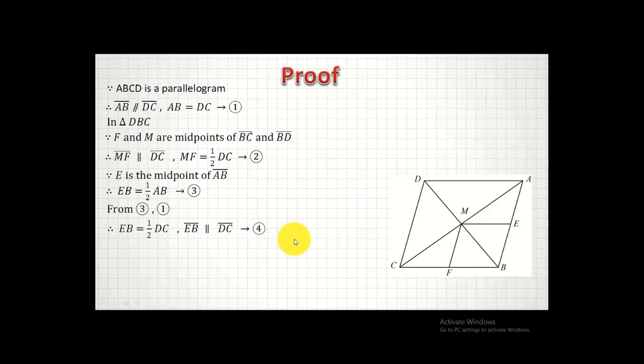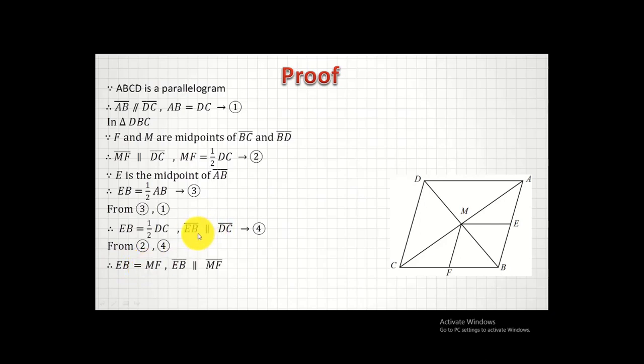From number 2 and number 4: MF is parallel to DC and MF equals half DC, and EB equals half DC and EB is parallel to DC. Therefore, EB equals MF, so two opposite sides are equal in length.